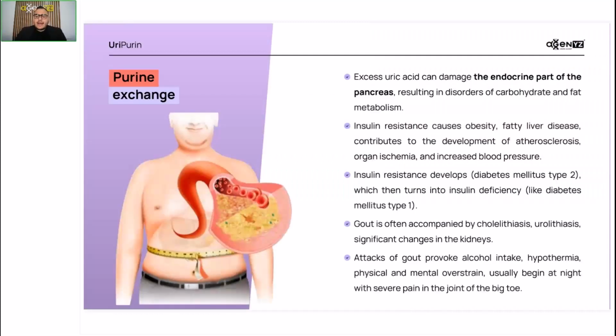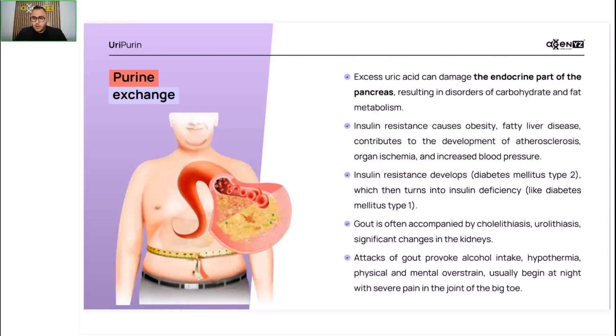Excess uric acid is known to damage the endocrine part of the pancreas, resulting in disorders of carbohydrate and fat metabolism. Insulin resistance causes obesity and fatty liver disease, which contribute to the development of atherosclerosis, organ ischemia, and increased blood pressure.